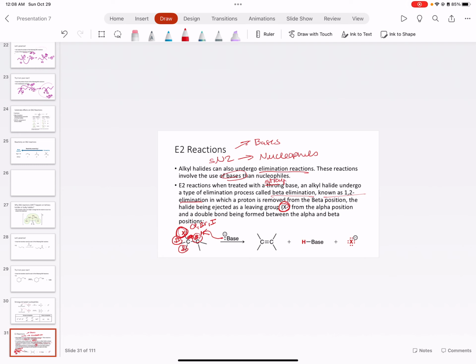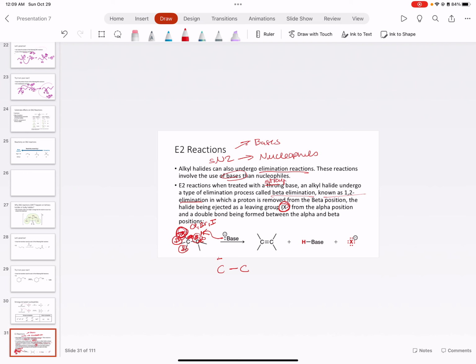Your base normally is going to take a hydrogen from your beta position. So you can see we're taking that hydrogen, and by doing that, we're breaking this bond and putting those electrons on that carbon. Therefore, we're going to end up with something like this. Also, we have to take into account that at the same time, our halide is going to leave.